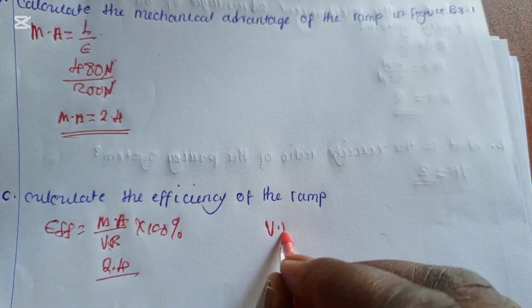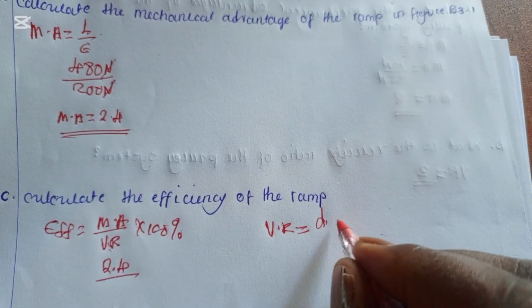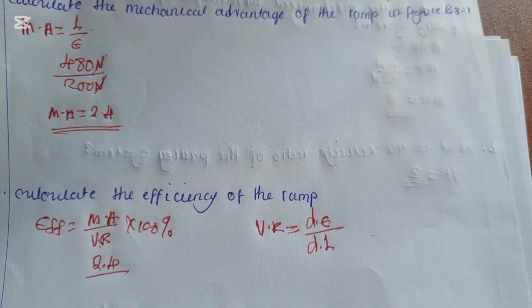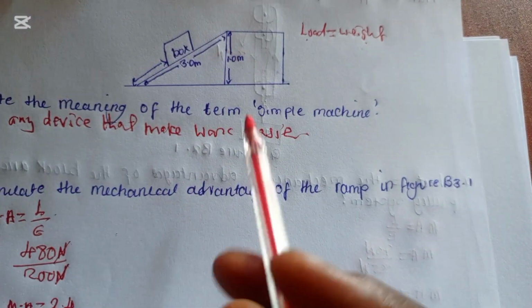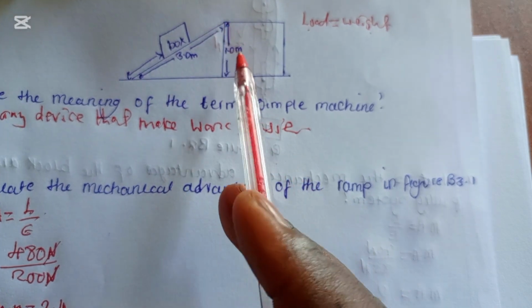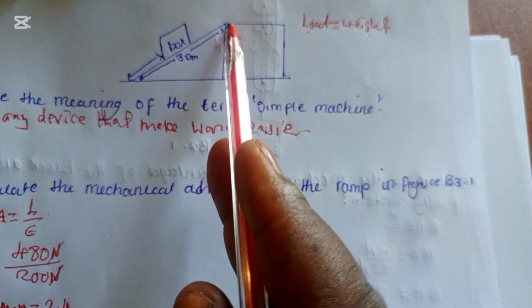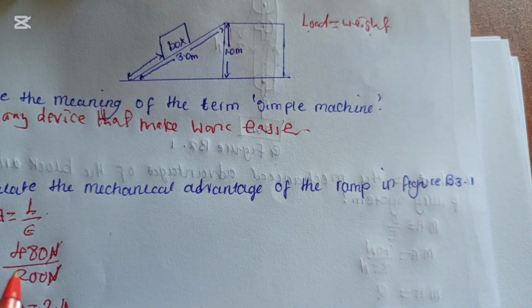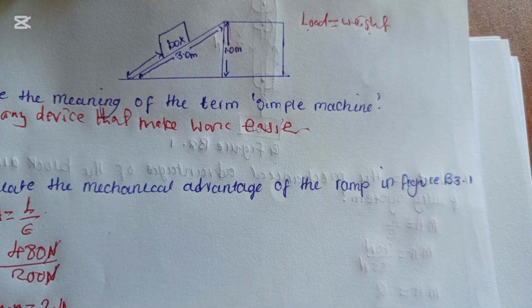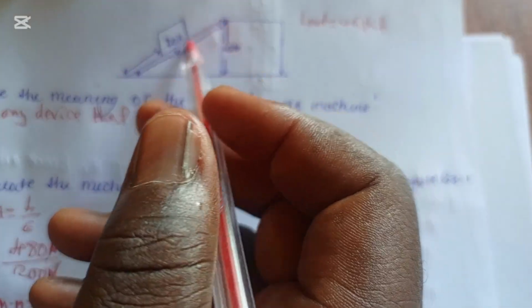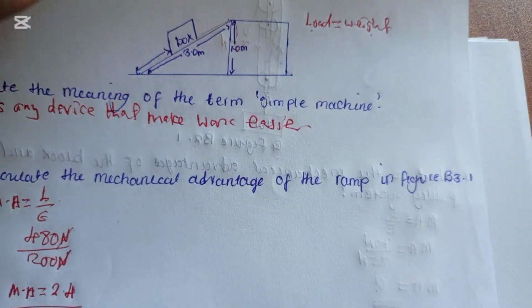So we need to find the velocity ratio somewhere here. VR is equal to the distance moved by effort over the distance moved by load. As I explained, the perpendicular height, the vertical height, is always the distance moved by load. Then the slope, this distance here, is the distance moved by effort.